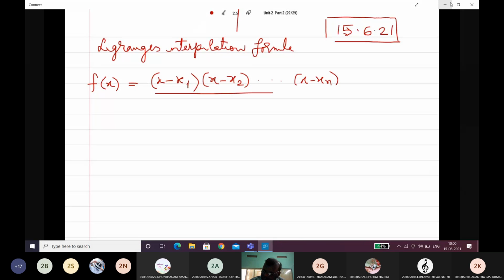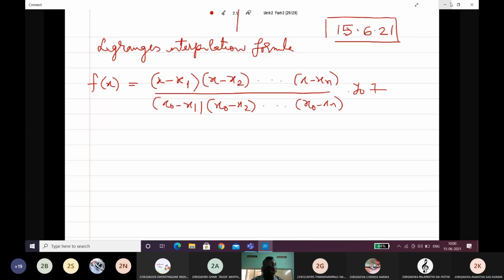And in the denominator, you have to subtract each and every argument x1 to xn from x0. That we write as x0 minus x1 into x0 minus x2, etc., x0 minus xn into f of x0 or y0. That is the first value.